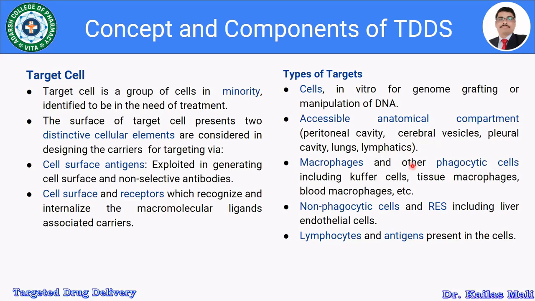Then macrophages and other phagocytic cells, including Kupffer cells, tissue macrophages, and blood macrophages. Then non-phagocytic cells and the RES, including liver and endothelial cells. And the last one is lymphocytes and antigens present in the cells. So these are the types of targets: cells, certain anatomical compartments, macrophages and phagocytic cells, non-phagocytic cells and RES including liver, and lymphocytes and the antigens which are present in the cell.